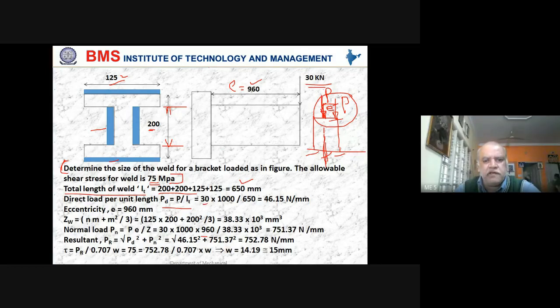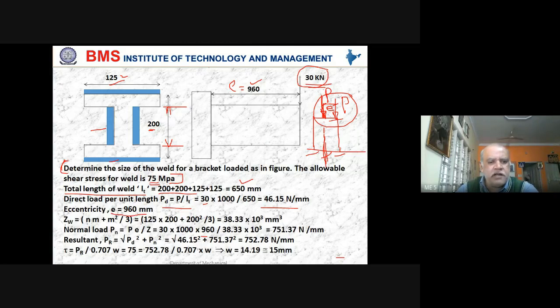P is 30 kilonewton given in the problem. So 30,000 divided by 650 will give you 46.15 Newton per mm as direct load per unit length. Eccentricity given in the problem is equal to 960.